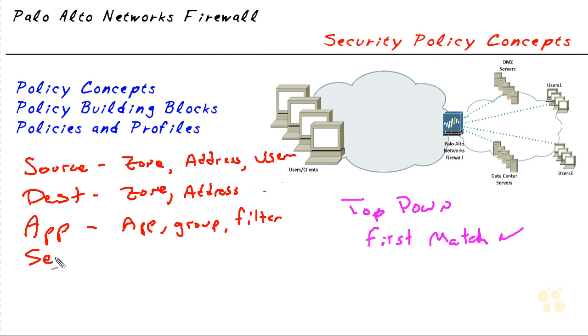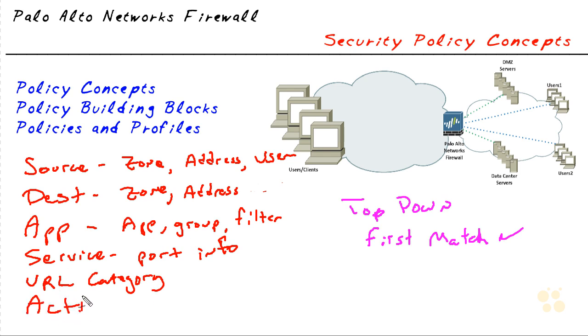We also have a service, which happens to be some port information. And we can get into other things. We've got URL category as part of it by default, which may involve some licensing features, but most importantly afterwards we have our action. So what to do: permit, deny, other things that we have going along with it.